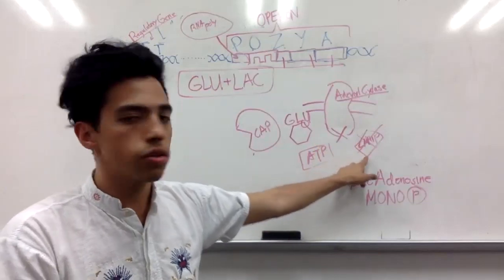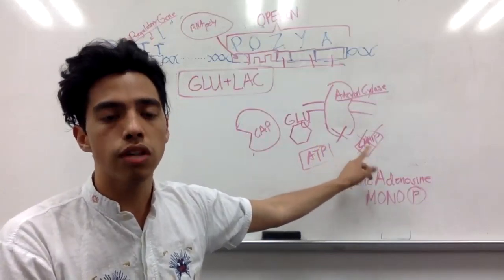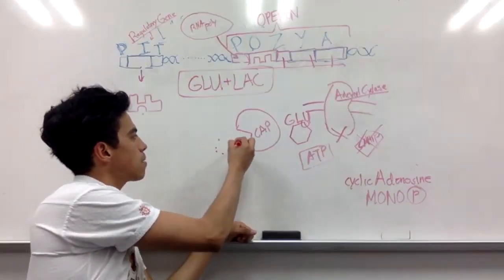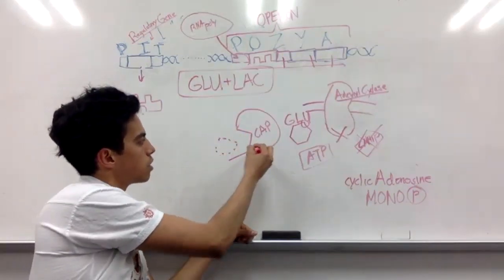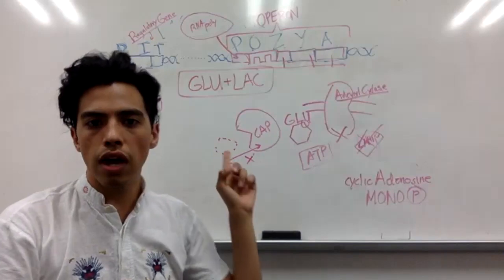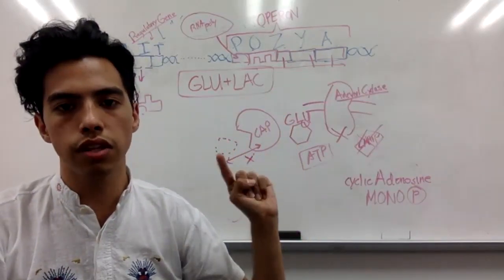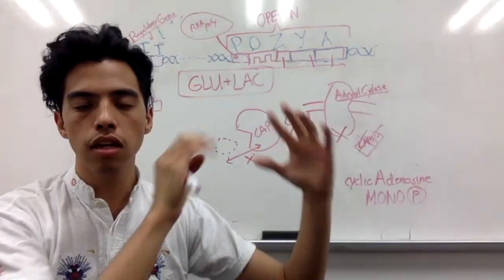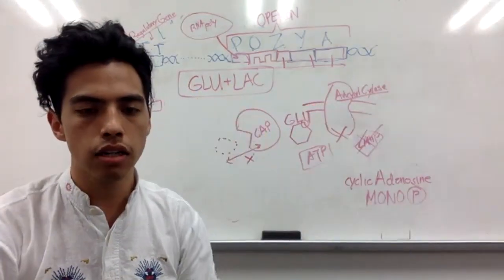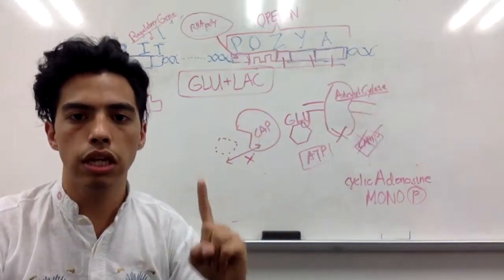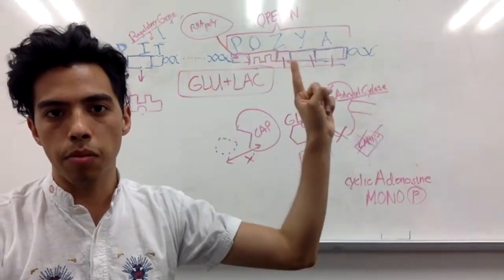And so because there's no cAMP being created, you don't have this transcription factor that's made out of the cAMP and the CAP binding together to become an active transcription factor. You don't see that, and so you won't see an increase in transcription for this operon.